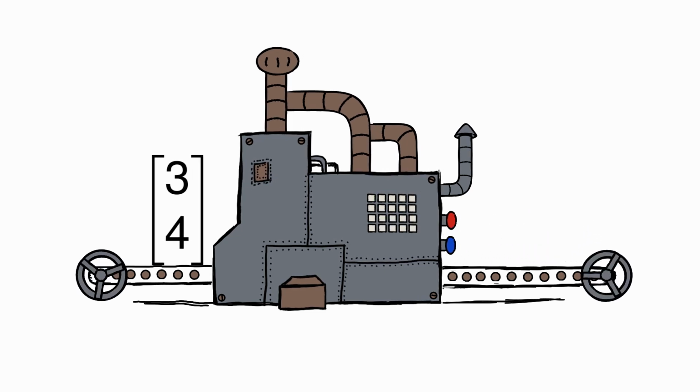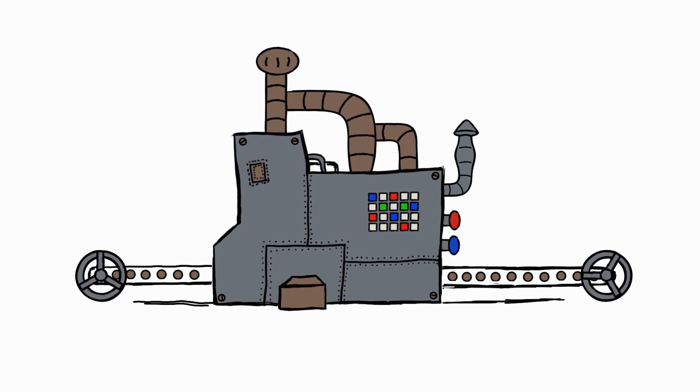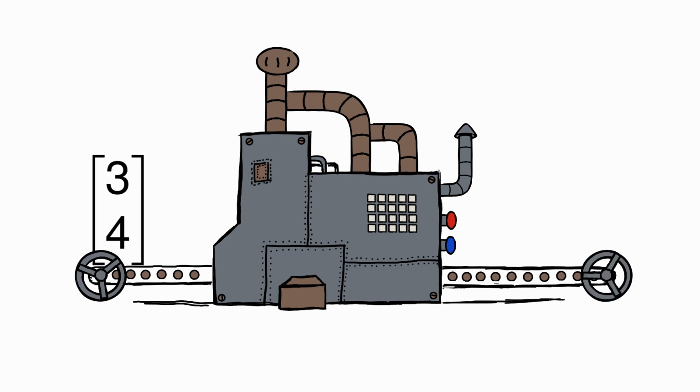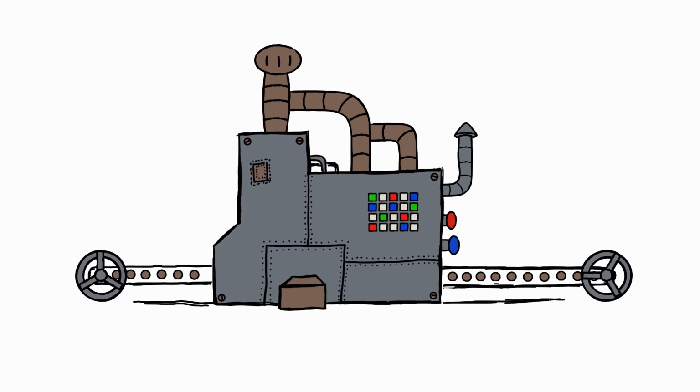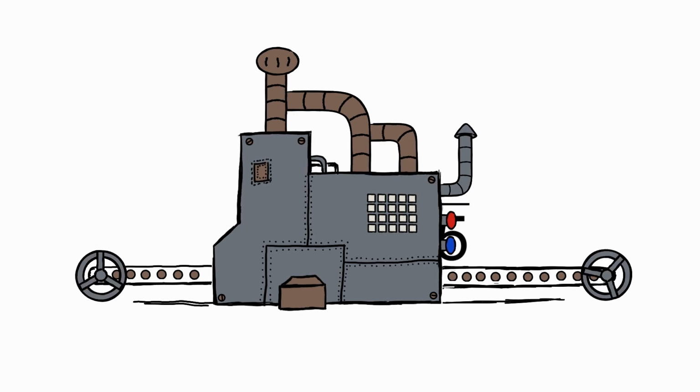We can also consider other mathematical objects, for example vectors. We can think about a machine, a function that takes a vector and produces the length of the vector. So the input for our function is the vector and the output is its length.